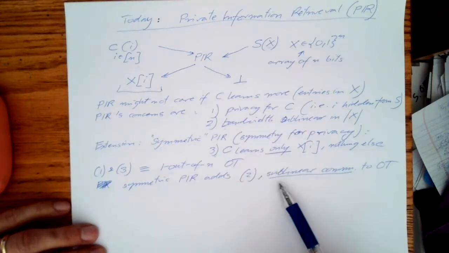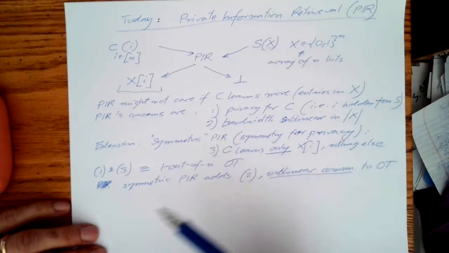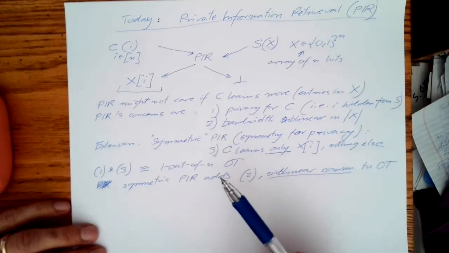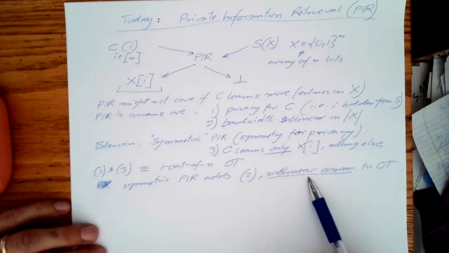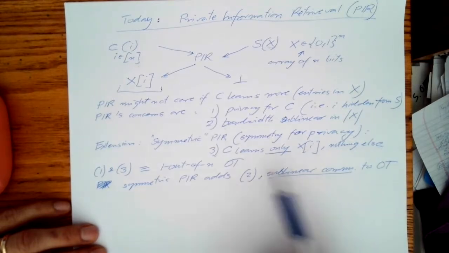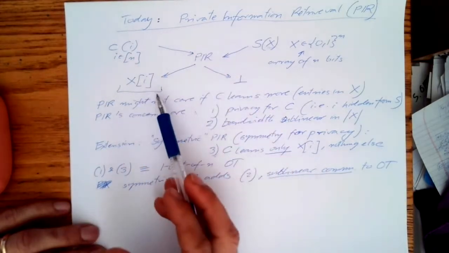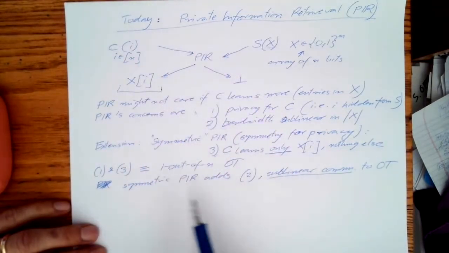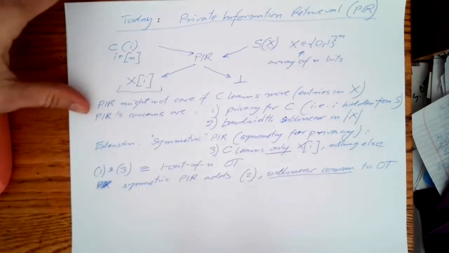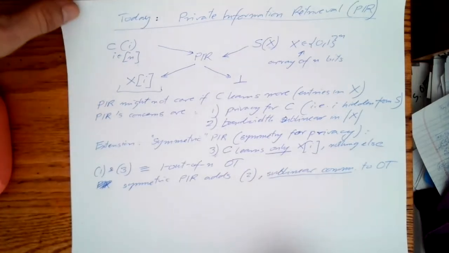But this is a technology that basically breaks the barrier for secure computation. It's not a general secure computation, right? It's just a retrieval, but it can be hooked, and it has many uses.